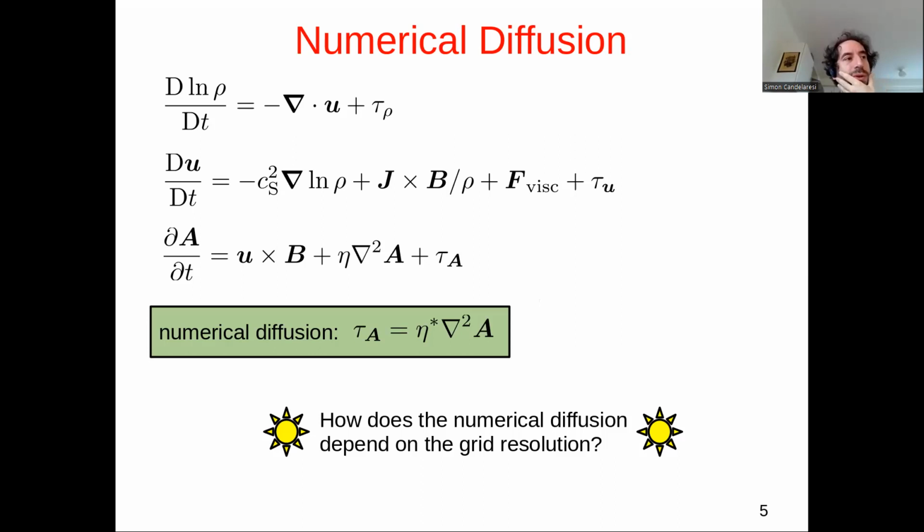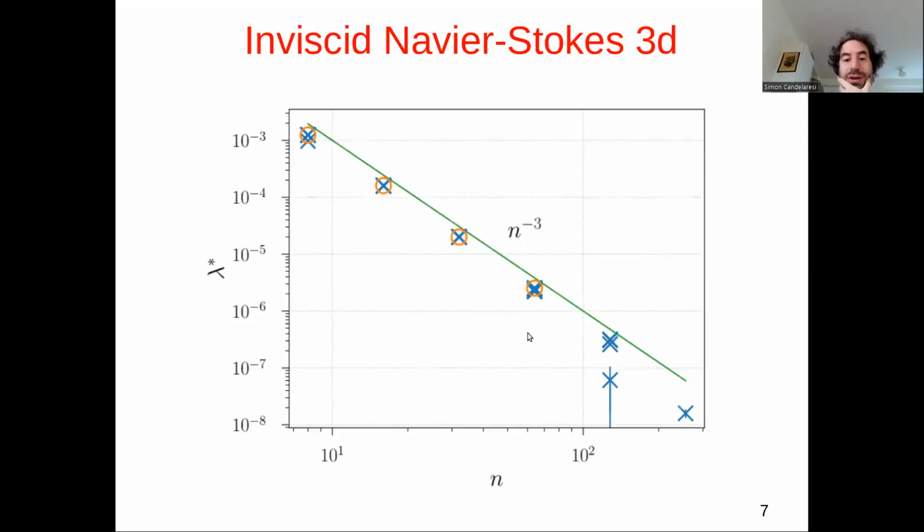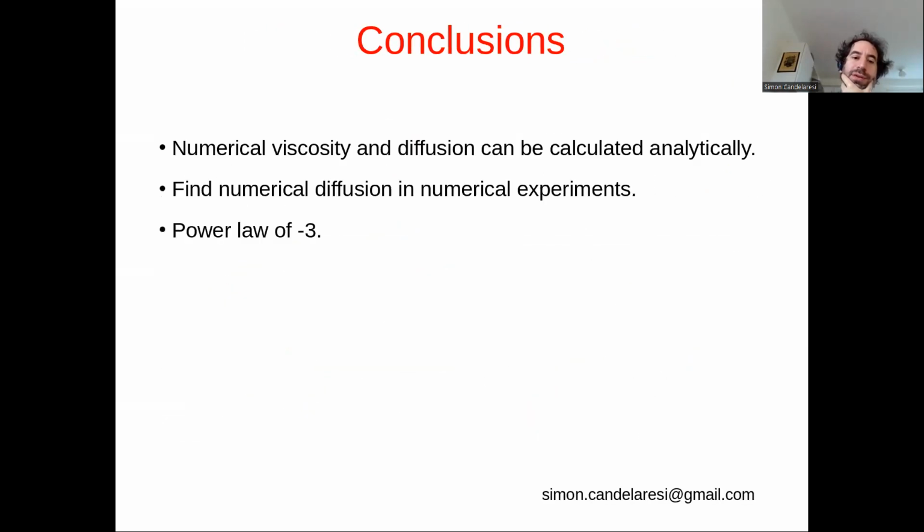I think we all agree that it's very hard to interpret these terms as exactly diffusion. But we also see in the experiments that these numerical terms do behave like diffusion, at least in the context of Alfvén wave damping. So that's one thing. And then, of course, we also saw this third order power law, which I still don't know exactly what to make of, but that's something we can discuss. And that's all I have.